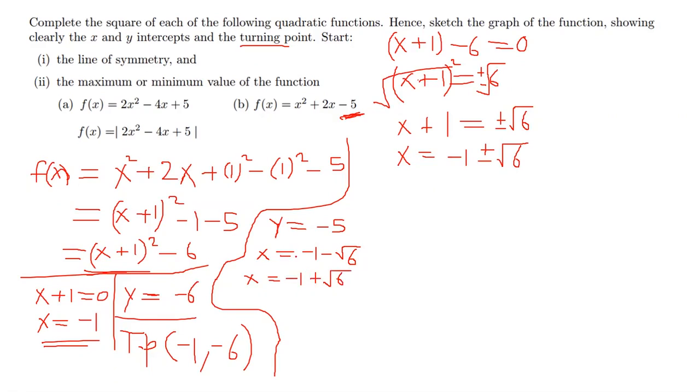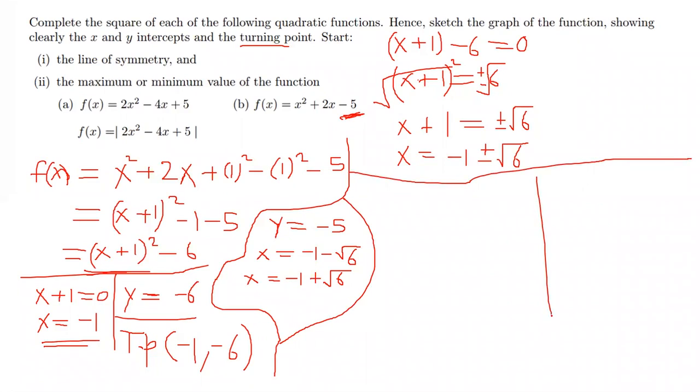The first one was -1 minus the root of 6. The second one will be -1 plus the root of 6. I've just separated this -1 plus or minus the root of 6. So these are the x and y intercepts. So now let's quickly move on to sketching the graphs. Sketching the graph will now be like this.